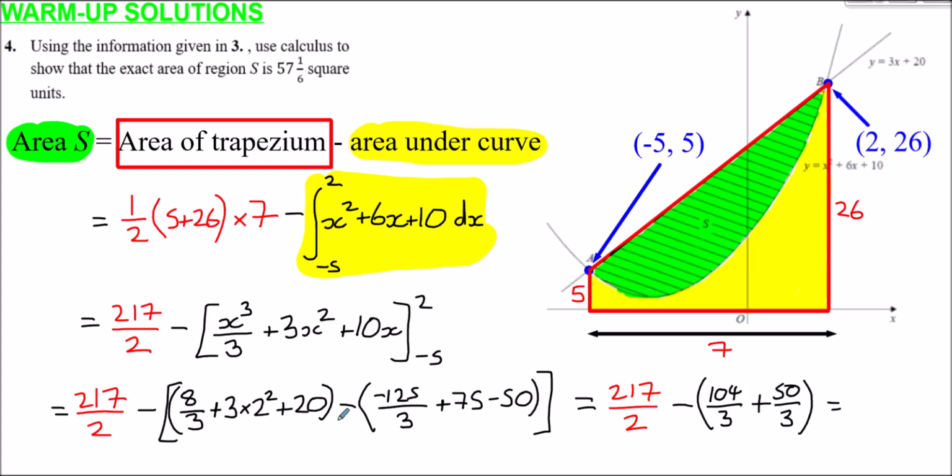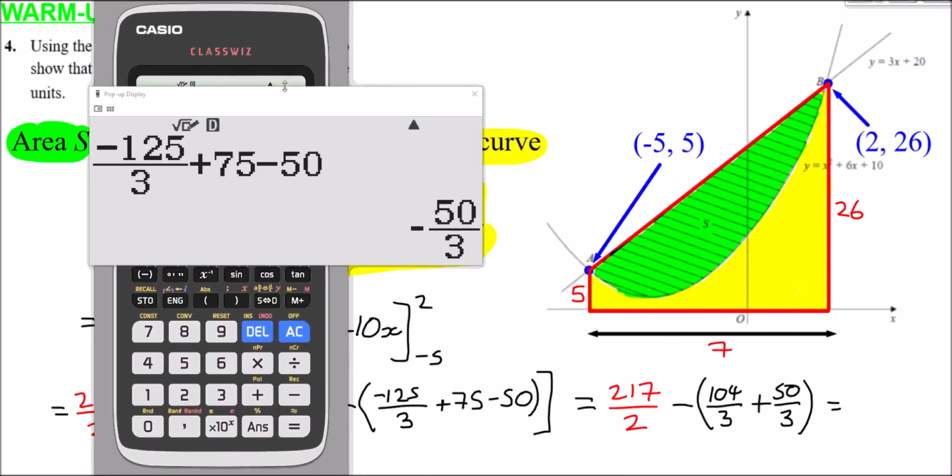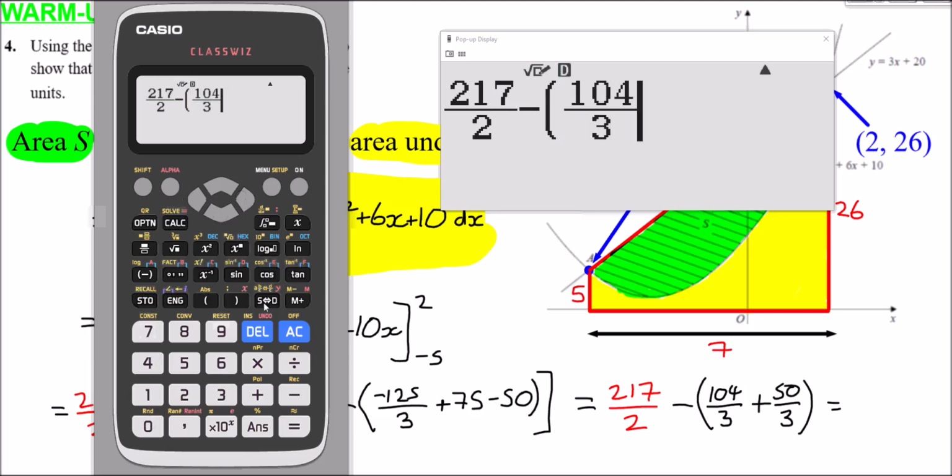Now we can finally just give an answer to this. So what we're going to have here is 217 over 2 then minus, in brackets, 104 over 3 plus 50 over 3.